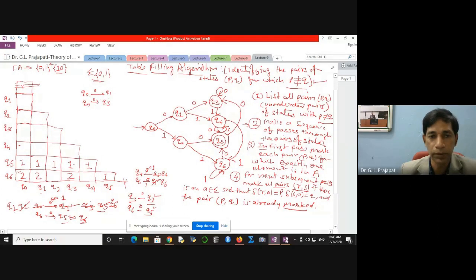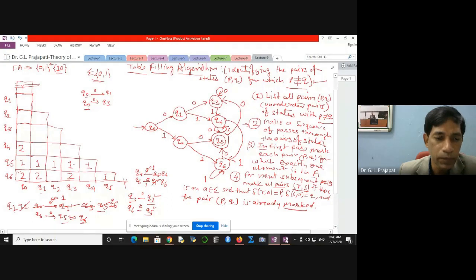So see, Q1 and Q5 is the pair, and Q1, Q5 we have already marked in the first pass. So this means Q0 and Q4 can be marked, and you are marking in the second pass.